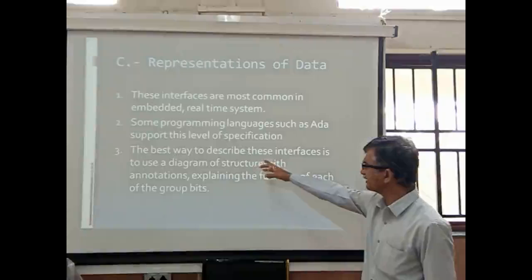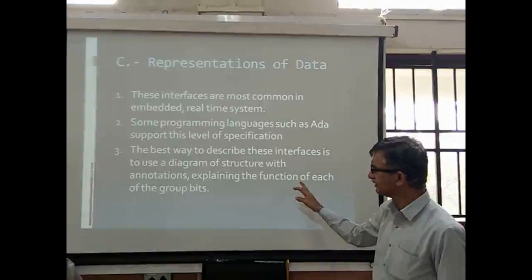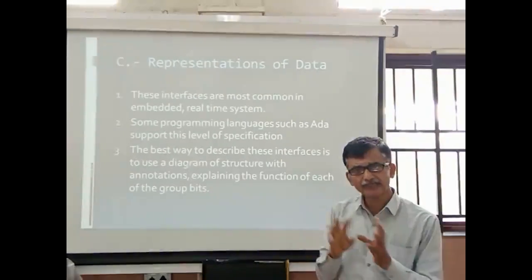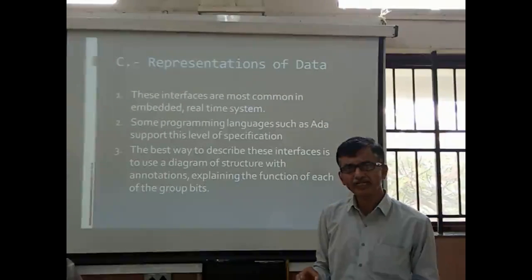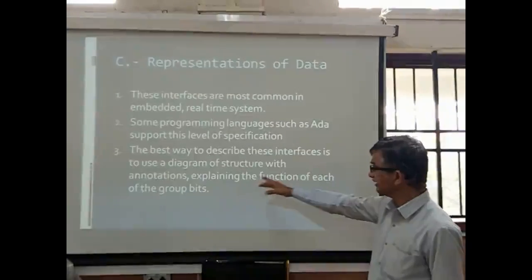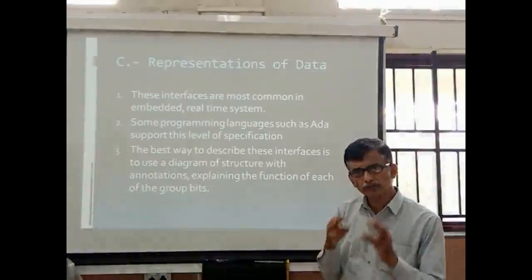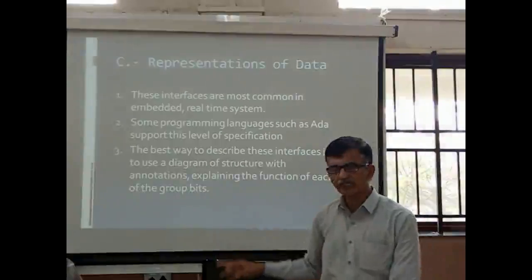The best way to describe these interfaces is to use diagram structures. You have to use diagrams to describe this type of interface, which can easily be understood by any programmer. Use diagram structures with annotation. Annotation means some details about the notations used, explaining the function of each of the group bits.